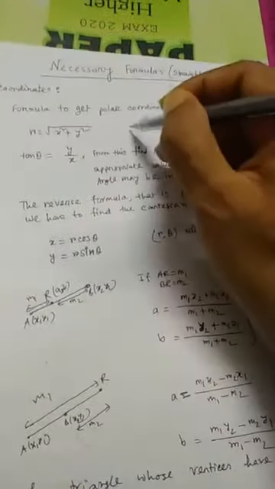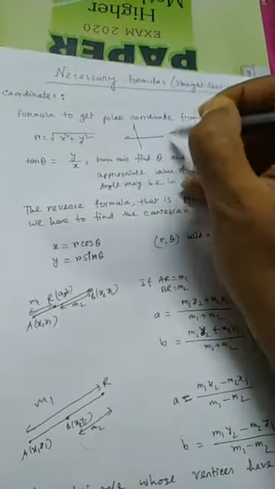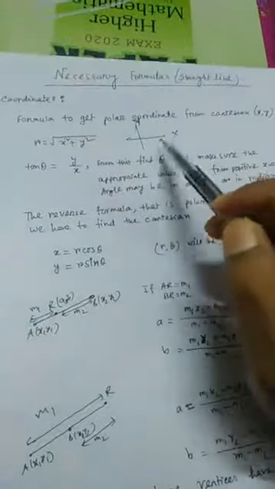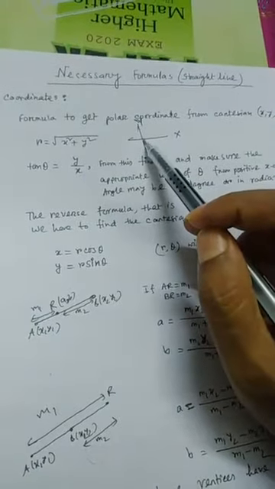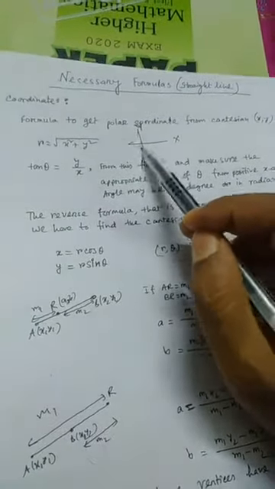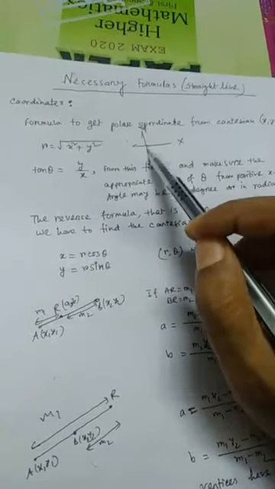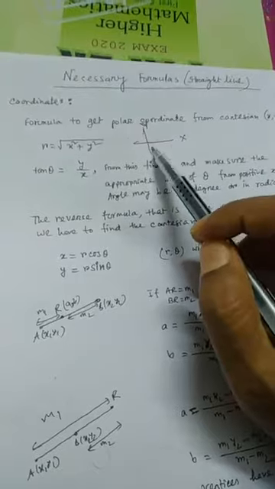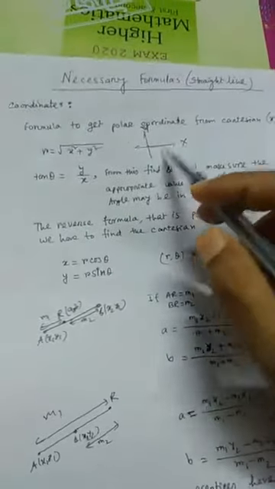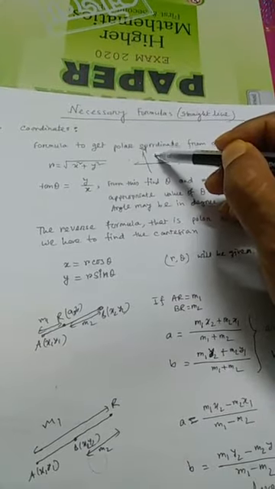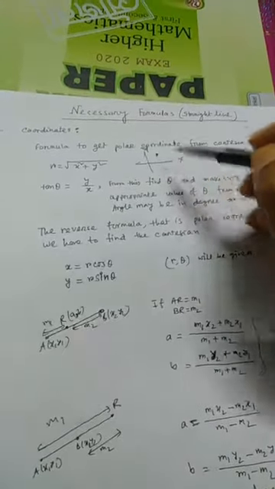You know that if it is x-axis and y-axis, then Cartesian tells me that you go to the right side or left side for x value, and you go upward or downward for y value. This is Cartesian. But the polar says, say this point I want to locate with the help of polar coordinate.